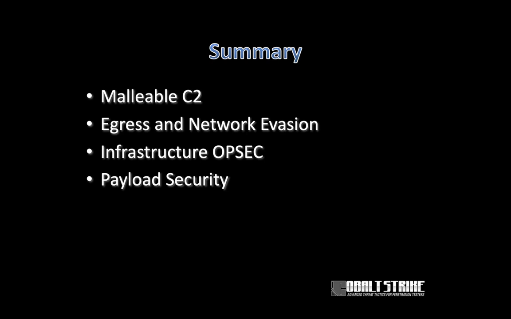We also talked about how to make your team server less visible to folks looking for Cobalt Strike on the internet to package into their threat intelligence feeds. We concluded with a description of the payload security model and features in the Beacon payload. This concludes Command and Control, which is part 3 of Red Team Operations with Cobalt Strike.